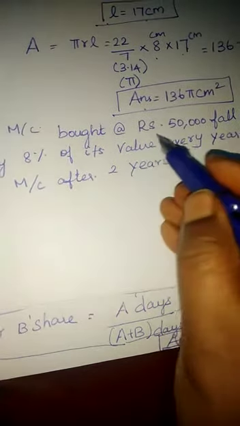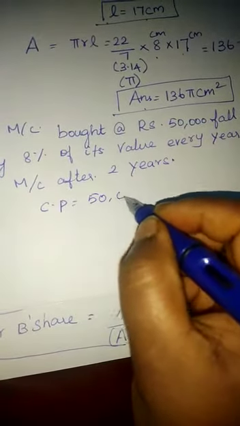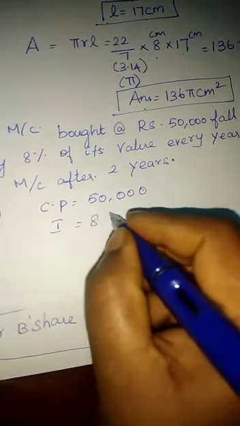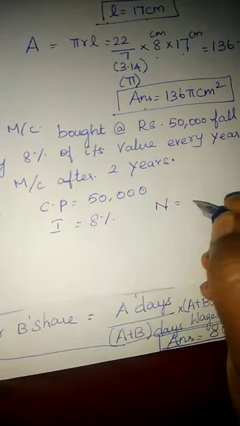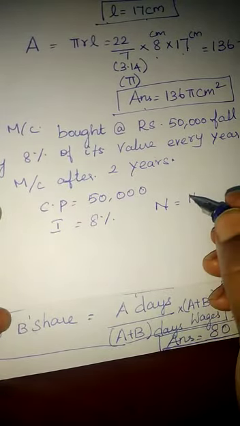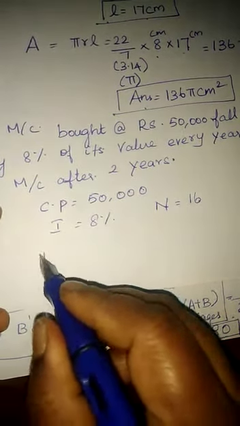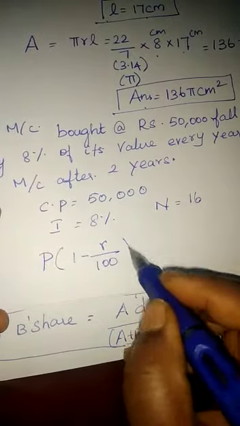Okay. Here the cost price they gave us is 50,000 and the rate is 8%. Number of years is 2. For depreciation there is a formula. For depreciation of a machine or any kind of object there is a formula which is P into 1 minus R by 100 the whole power n.